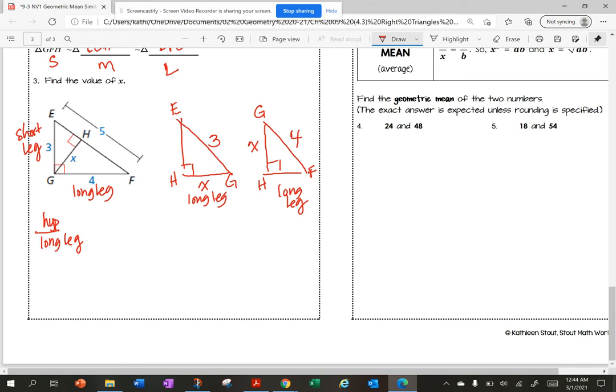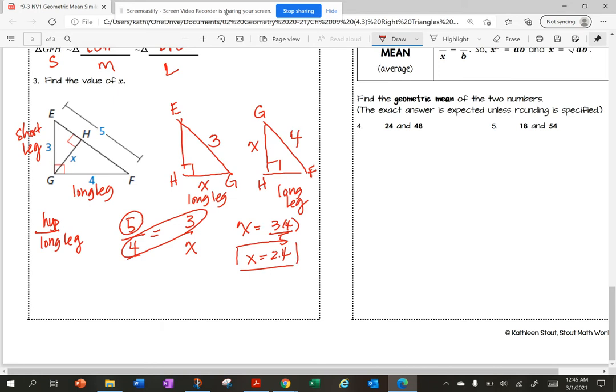So I'm going to set up with the hypotenuse in the large triangle here is going to be 5 over the long leg 4. And then I can use my second triangle. The hypotenuse is 3 and my long leg is X. So I can solve for X by saying 3 times 4 divided by 5. And I get X equals 2.4.